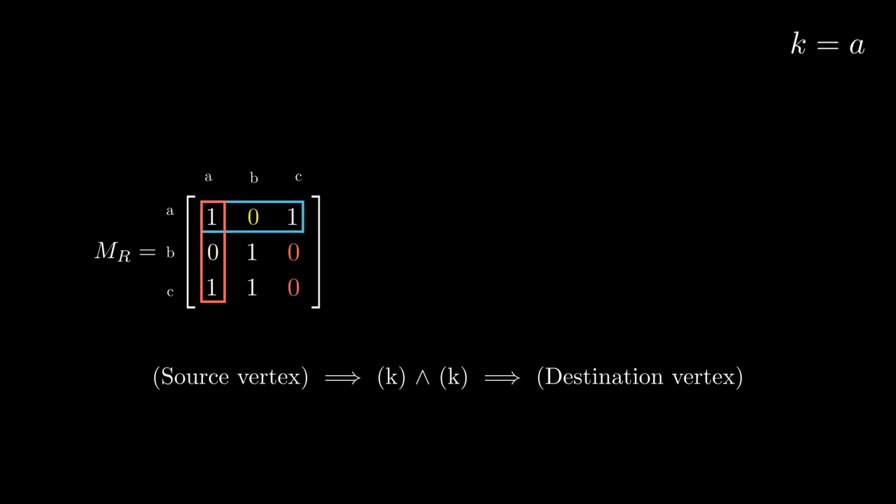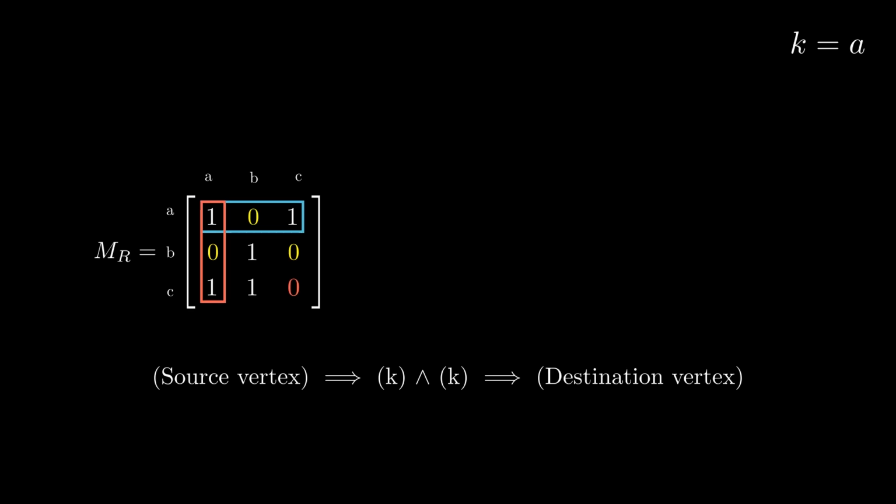So it remains unchanged. For our third zero, that would be on b to c with our pivot again as a. So b to a and a to c: b to a is actually 0 and a to c is a 1, and 0 and 1 is just 0, so we still get a 0.